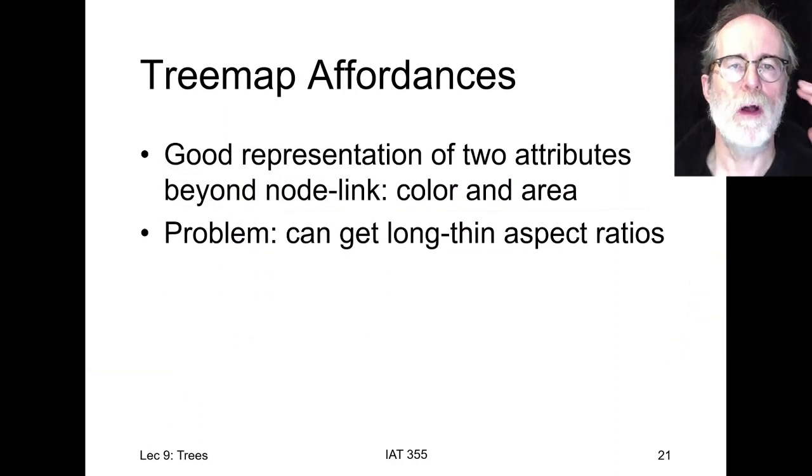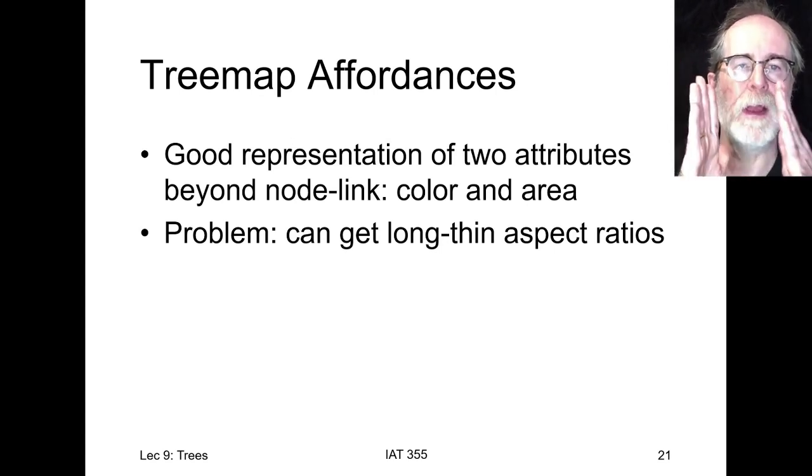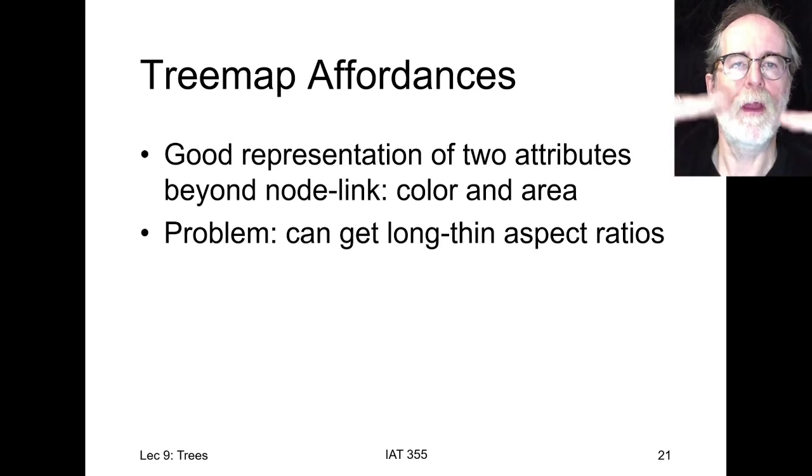You'll recall from that example that one of the problems with the original tree map algorithm is that it tends to develop long, thin aspect ratios of rectangles. That arises because the original algorithm starts by taking a bunch of vertical slices, then horizontal slices.